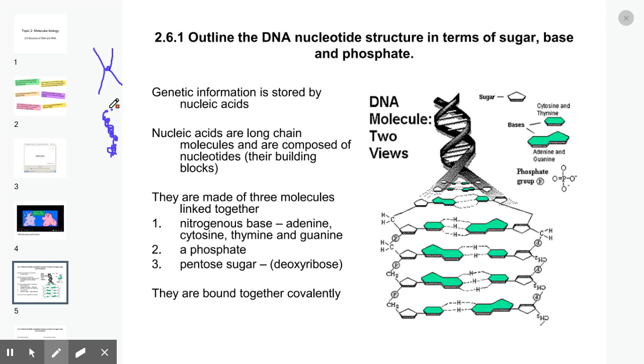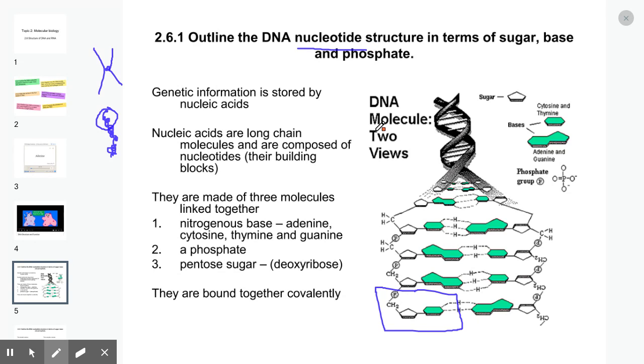Now, if we looked closely at one area of this, we would notice that the structure of a chromosome is broken down in repeating units. Just like we were talking about carbohydrates being made of monosaccharides, and proteins made up of amino acids, our chromosomes are made of these things called nucleotides.